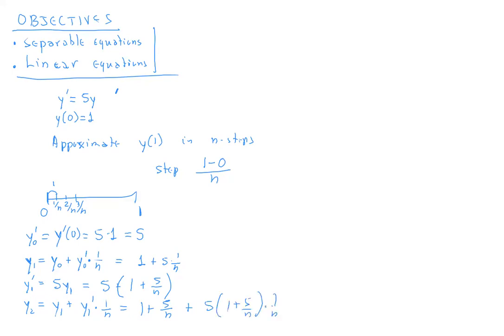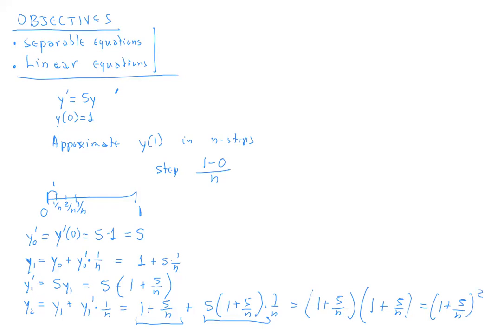Now, here's the trick. Don't try to expand this in any possible way. Factor out 1 plus 5 over n. And then what remains? From here, you get 1, and from here, you get plus 5 over n. So what does that give you? 1 plus 5 over n squared.